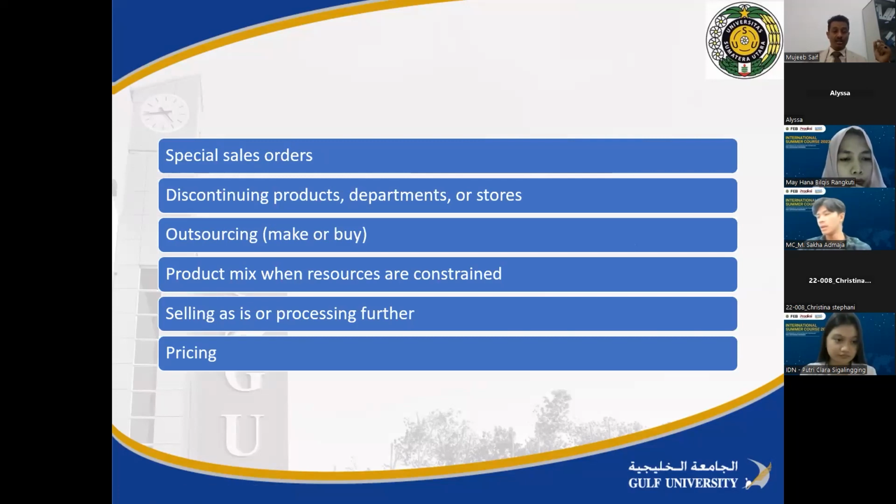Another decision is to discontinue products, departments, or stores. For example, in Gulf University, in the college of administrative and financial science, we have two departments: human resource and accounting and finance.